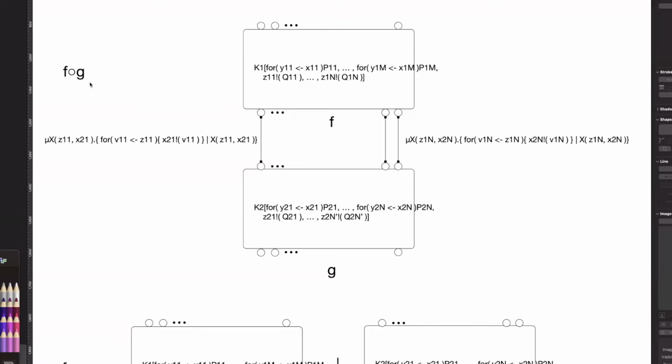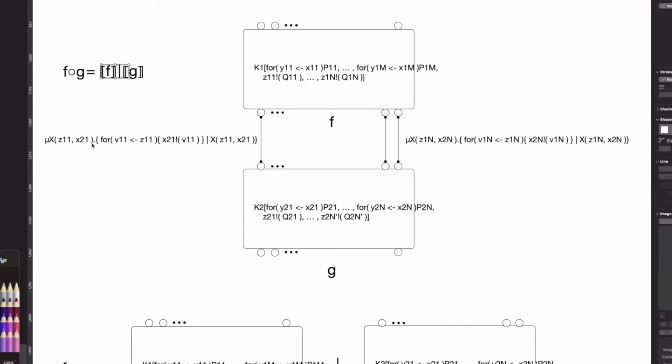So equationally, let me duplicate this, and then what we're really doing is we're saying that this is going to be the interpretation of F parallel composed with the interpretation of G. Okay, so far, but notice that we're also going to compose in all these wires.